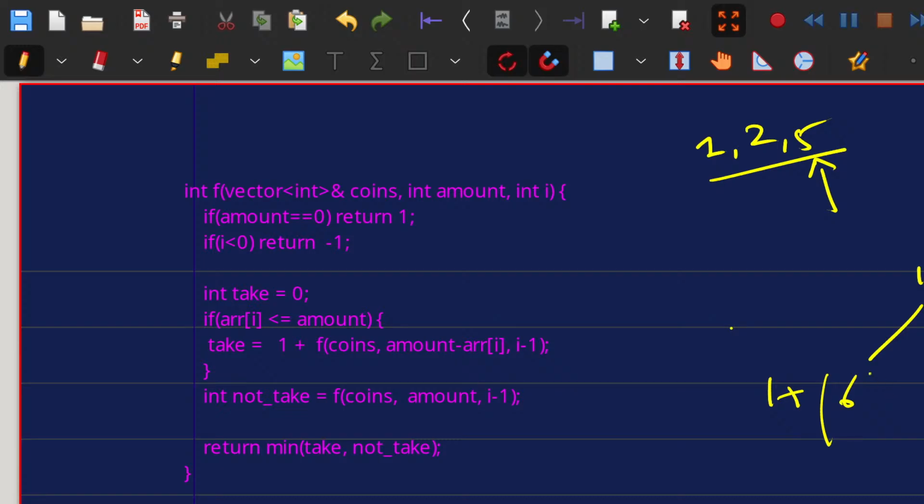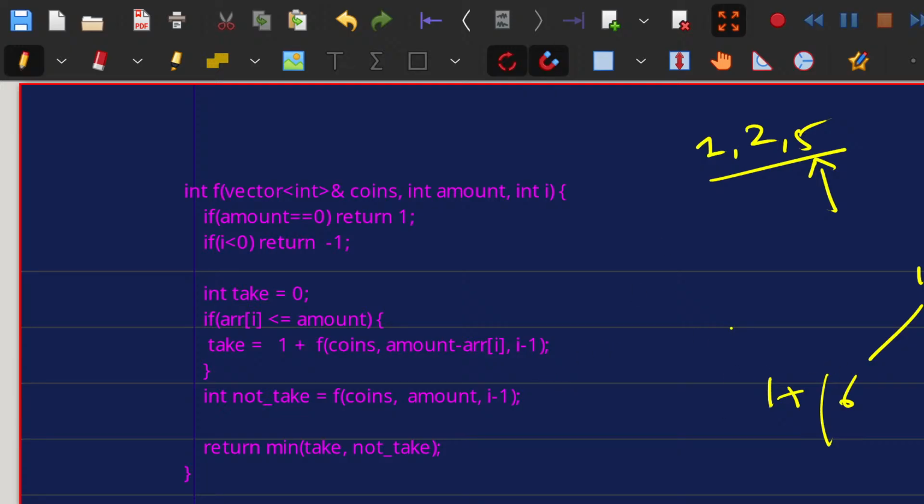So we can take more times, right? So why are we decreasing that?